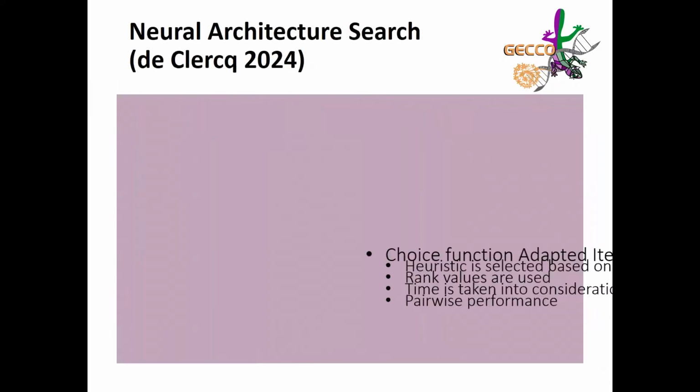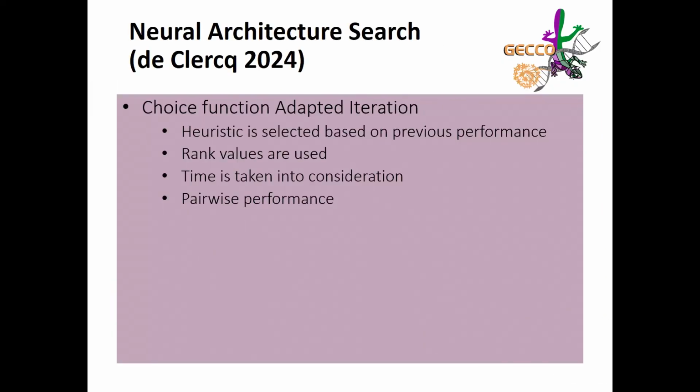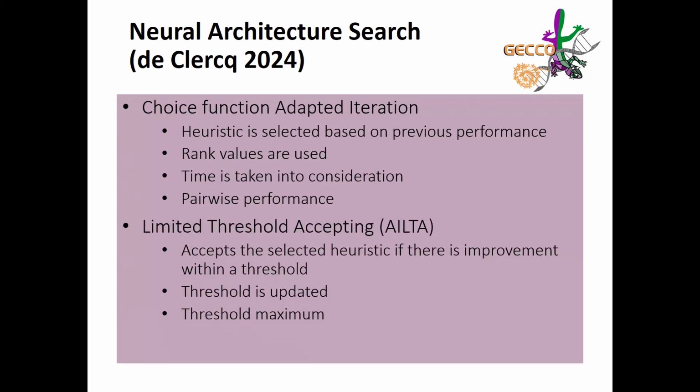If we look at what formed that hyperheuristic, and this is what helped us reduce cost, we used a very, very simple hyperheuristic. Essentially, we had a heuristic selector, which was a choice function, combined with an adaptive iteration algorithm. The choice function is based on rank values, and we also take performance into consideration, and like I mentioned before, pairwise performance.